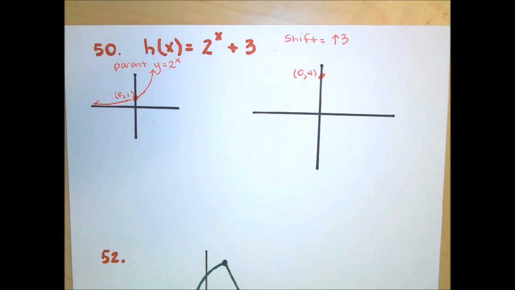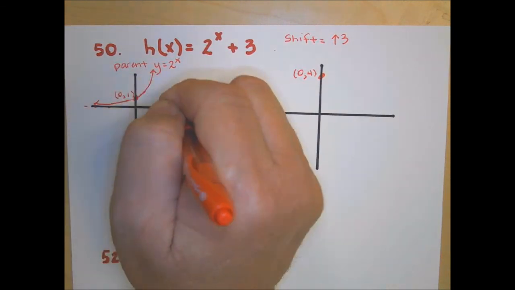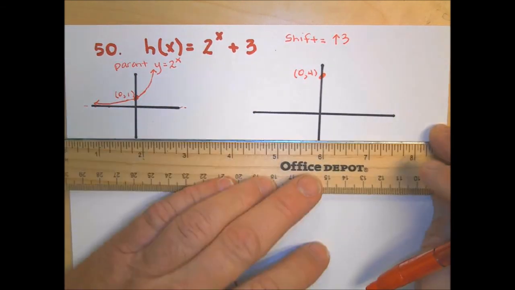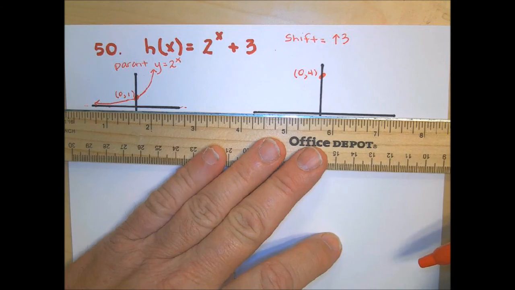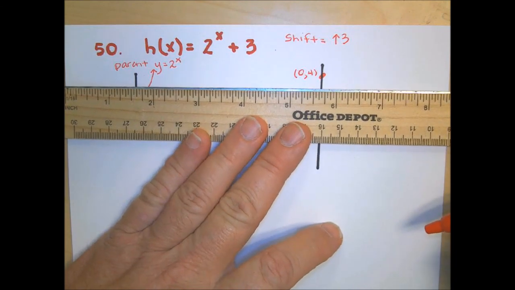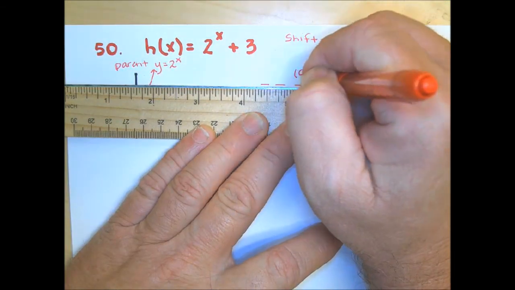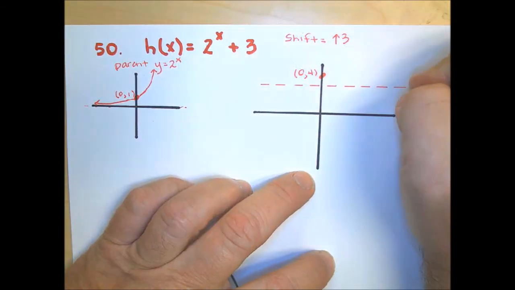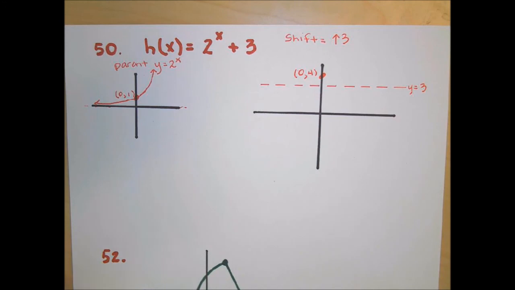But remember, something else shifts also. Remember that asymptote. There's an asymptote right here. That asymptote has to shift up 3 also. So what used to be the asymptote on the x-axis at y equals 0 is now up here at y equals 3. So the asymptote shifted as well. Now the shape stays the same.